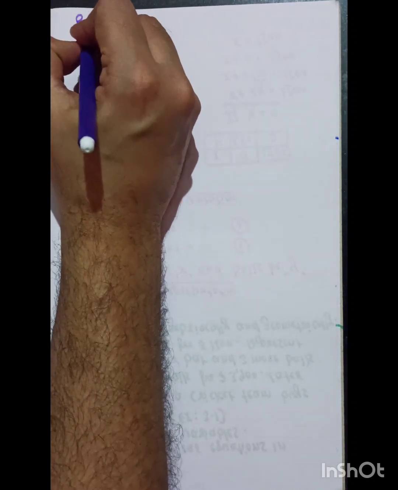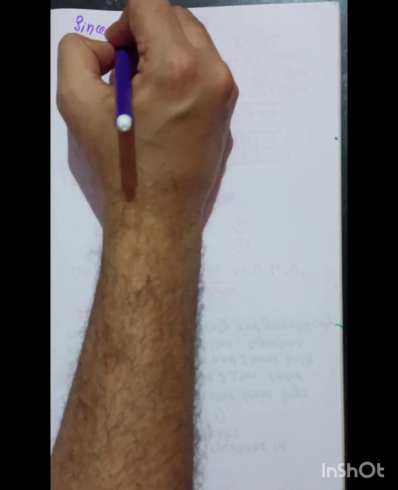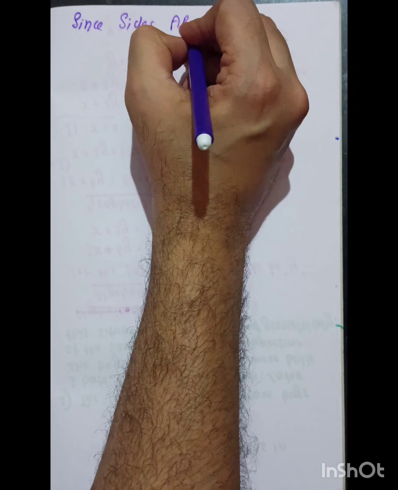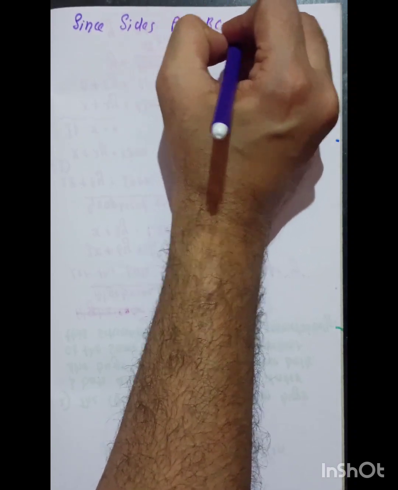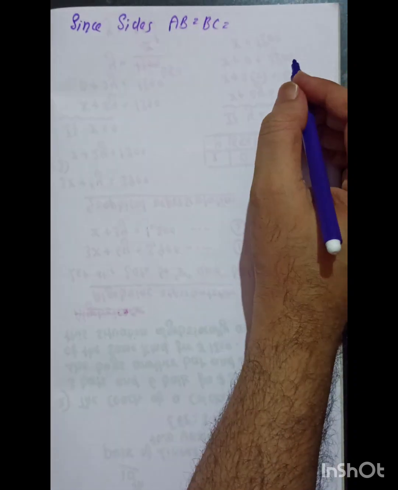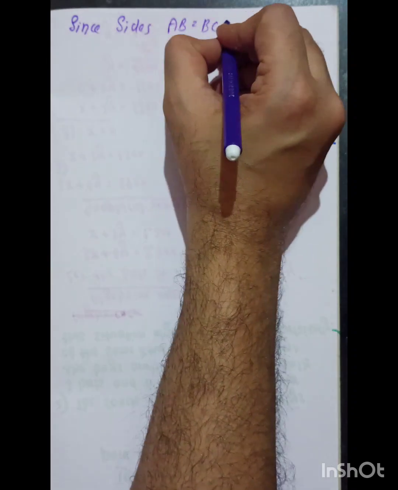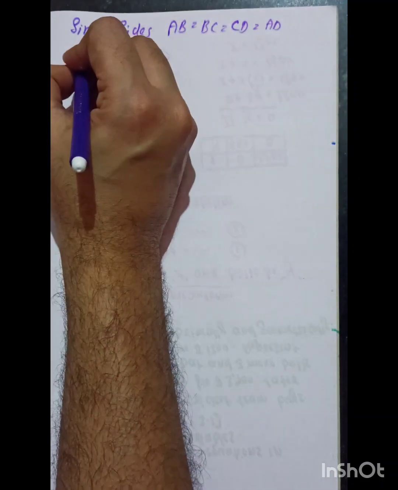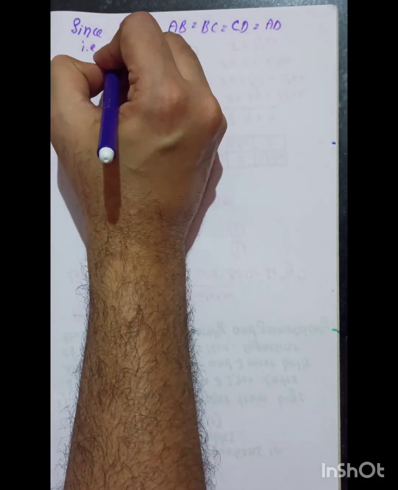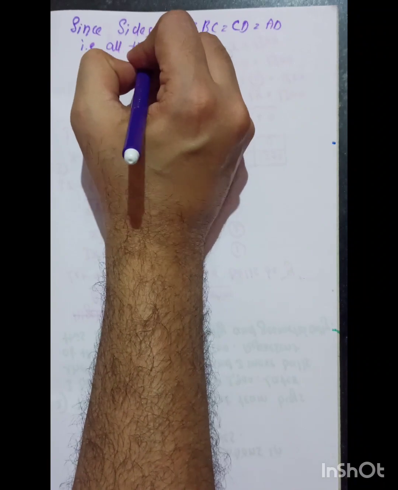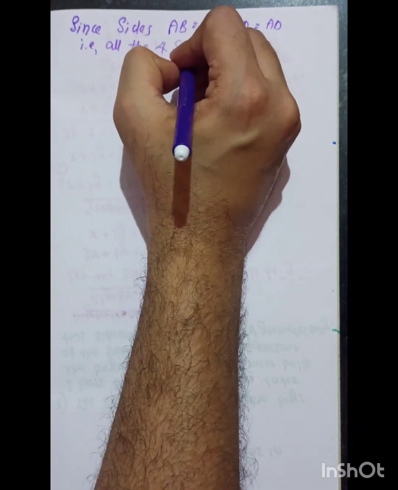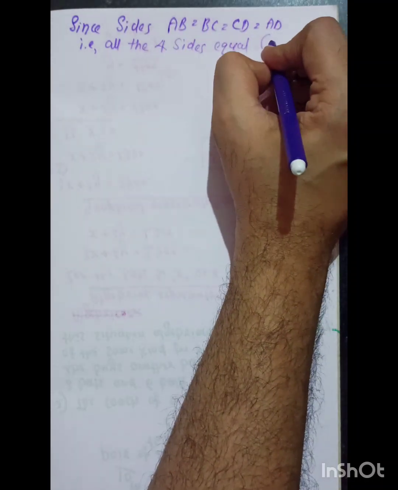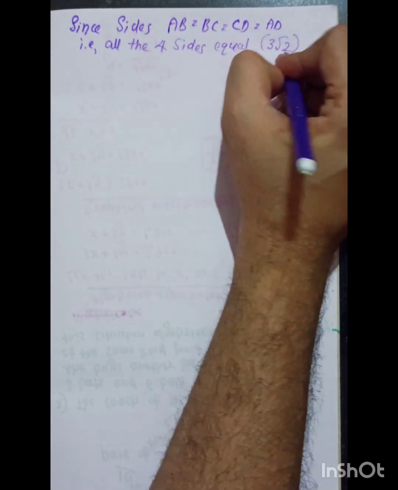Since the sides AB equals BC equals CD equals AD, all four sides are equal, 3 root 2.